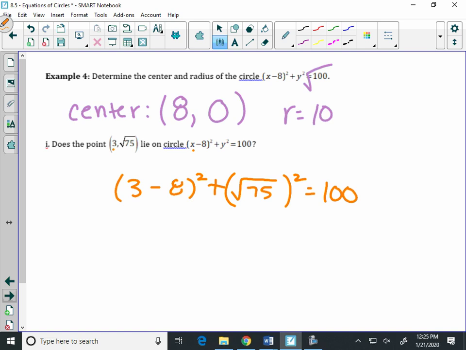And then we simplify it down. What's 3 minus 8? 3 minus 8 is negative 5. Plus, when we square the square root of 75, what do we get?